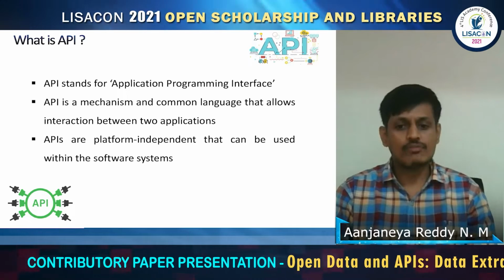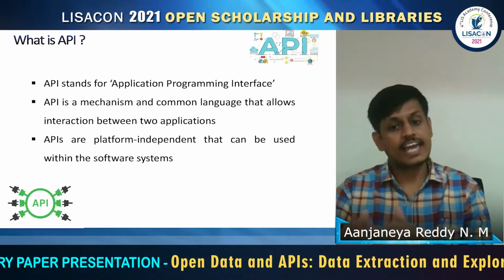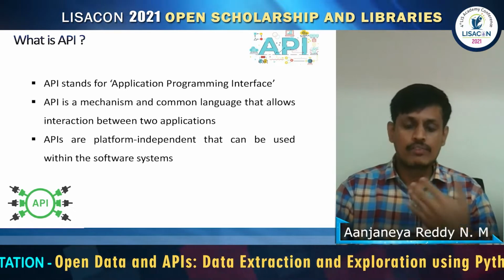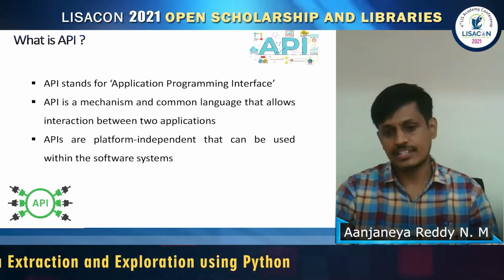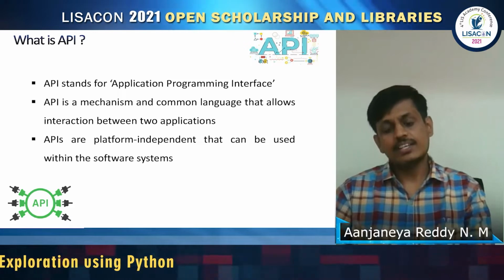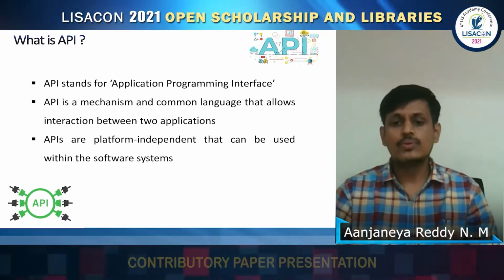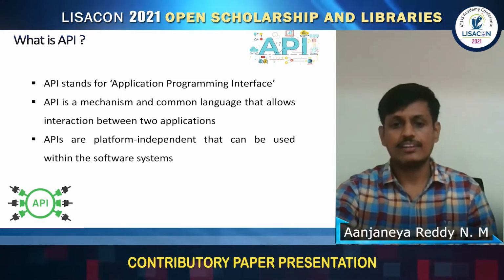These APIs are platform independent and can be used within software systems. For example, if the client is using one software system and the server end has some other software, it is possible to connect through these APIs as well.